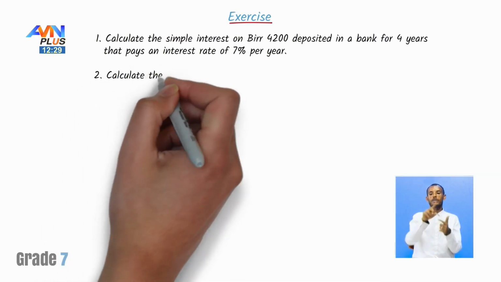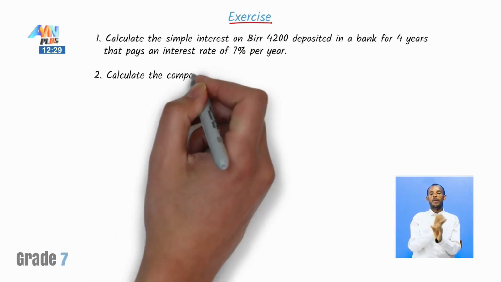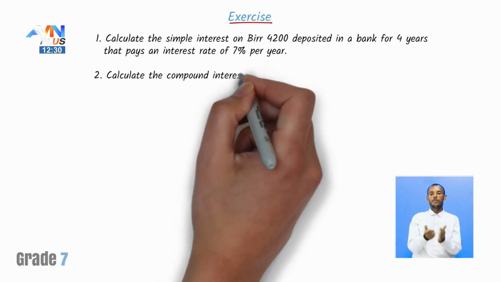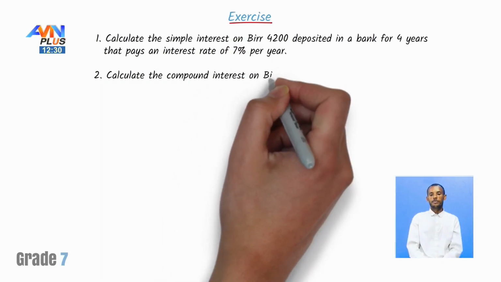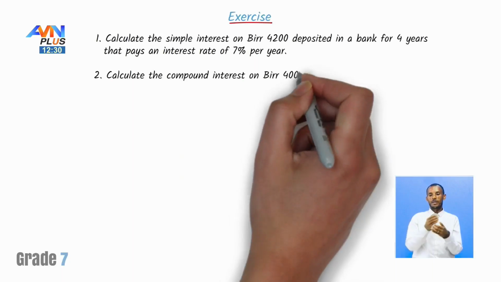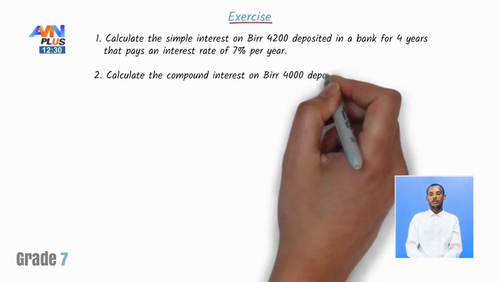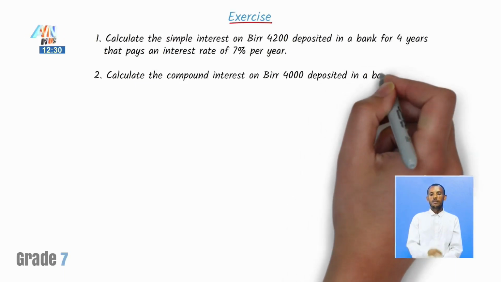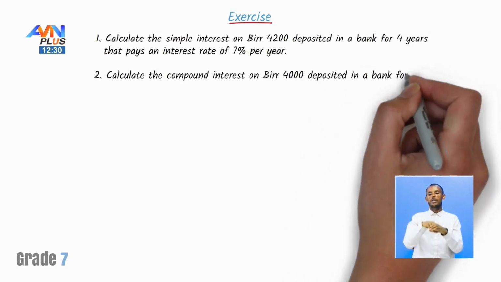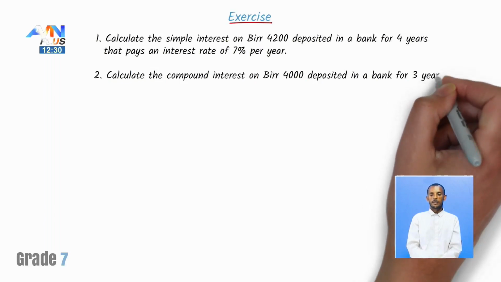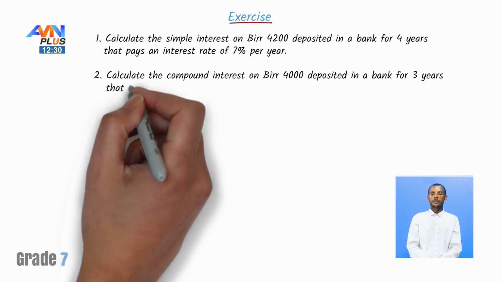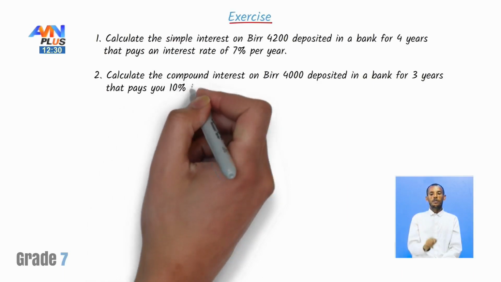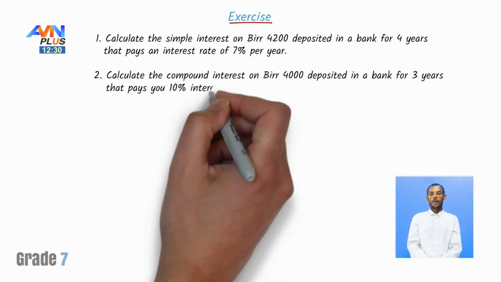Second question, calculate the compound interest. Calculate the compound interest on birr 4,000 deposited in a bank for 3 years.